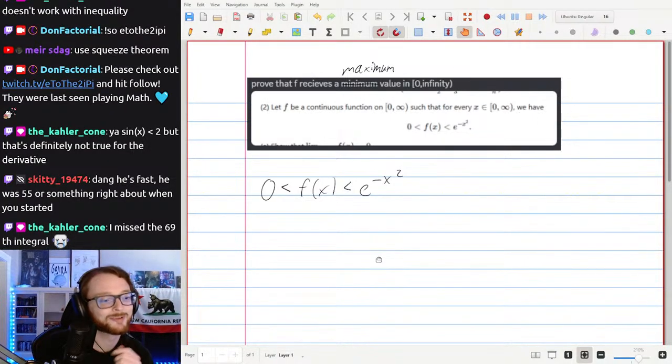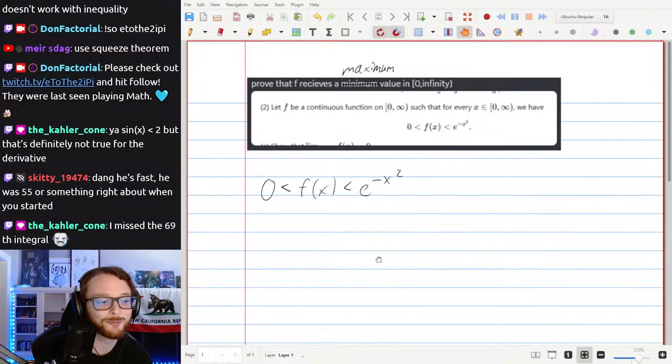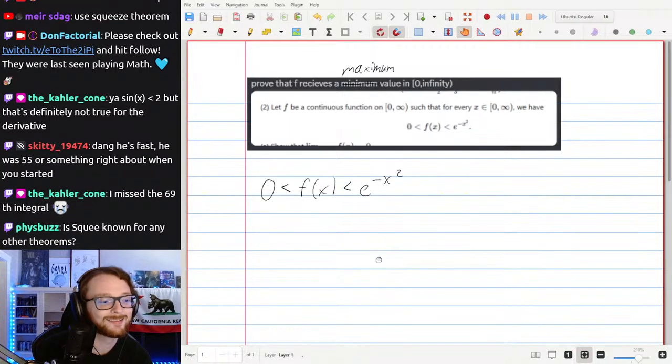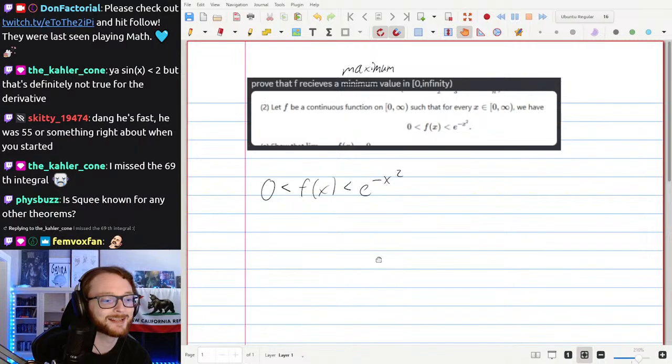You missed the 69th one? I was distracting you with complex analysis. Fizzbuzz, is Squee known for any other theorems? I'm sure that there's many. I hope you're doing well, Fizzbuzz. I hope your vacation or whatever it was that you were on was fun. What am I gonna squeeze?